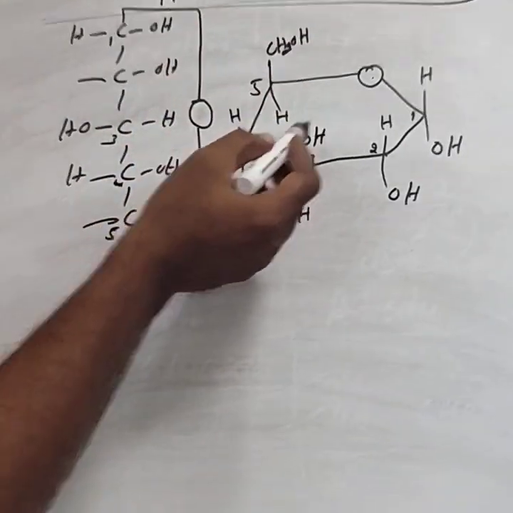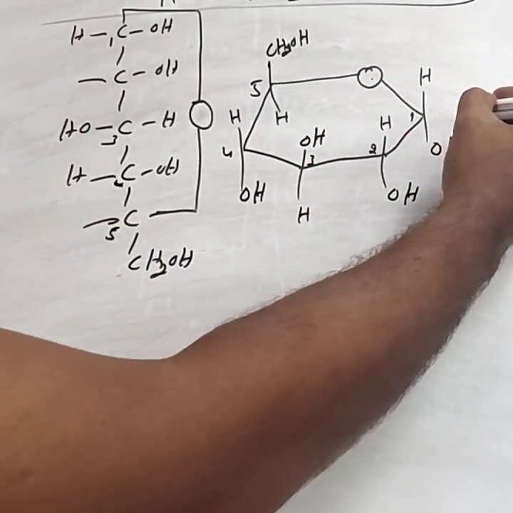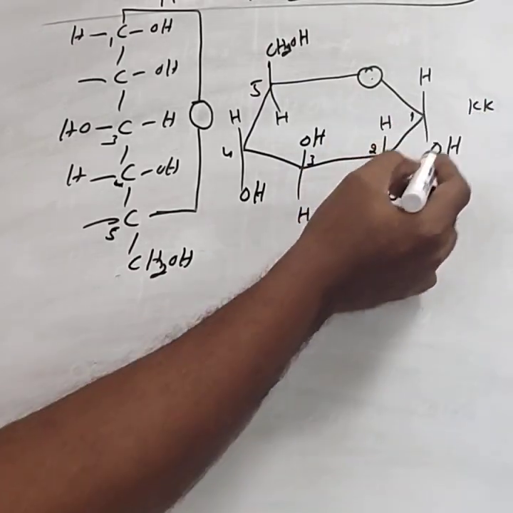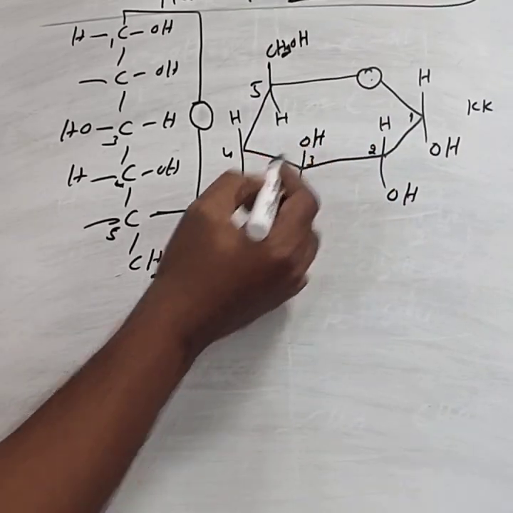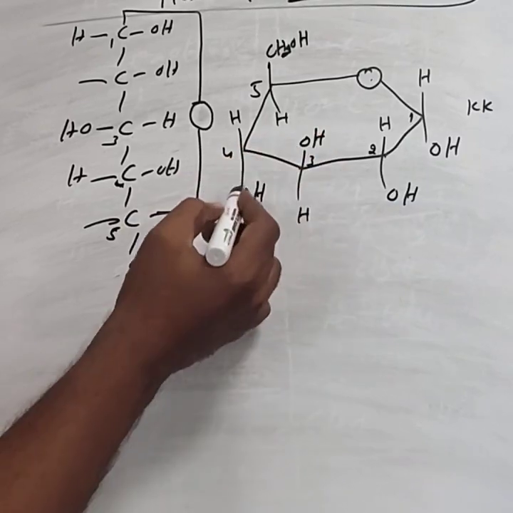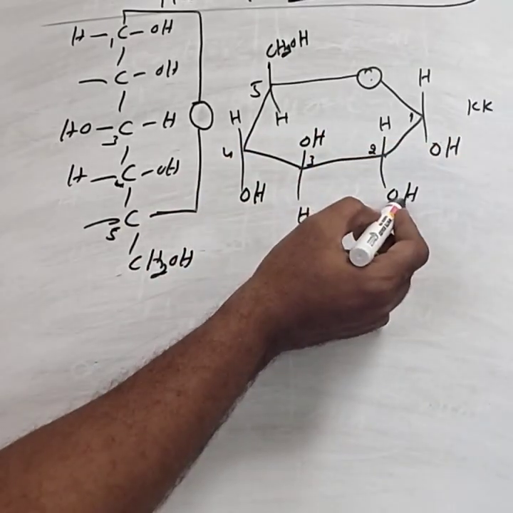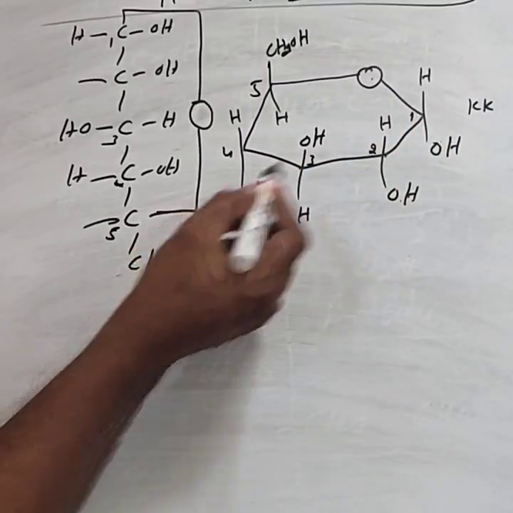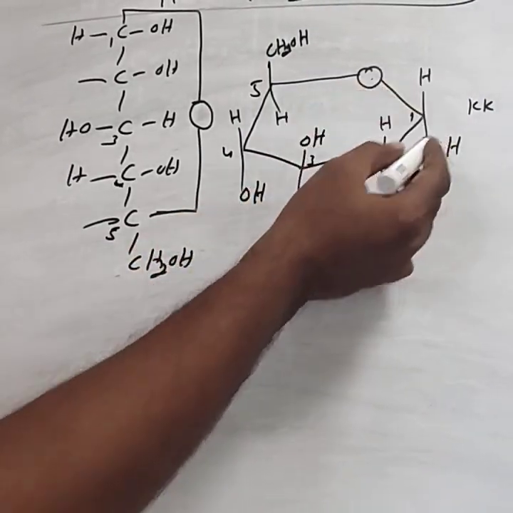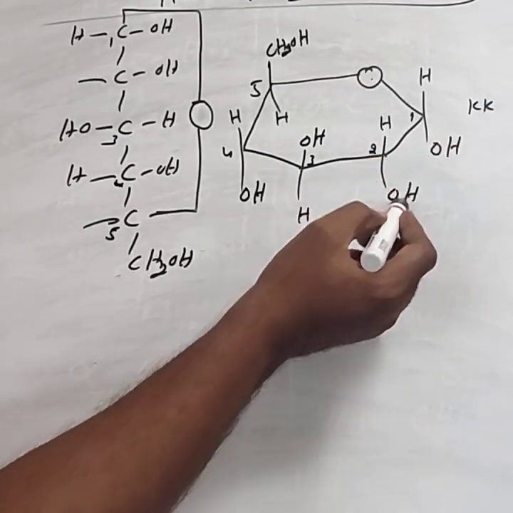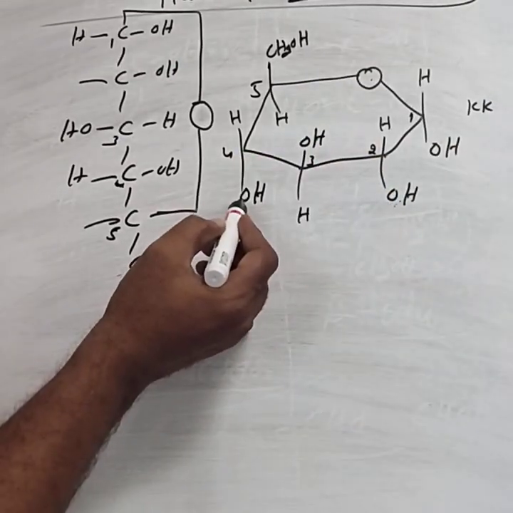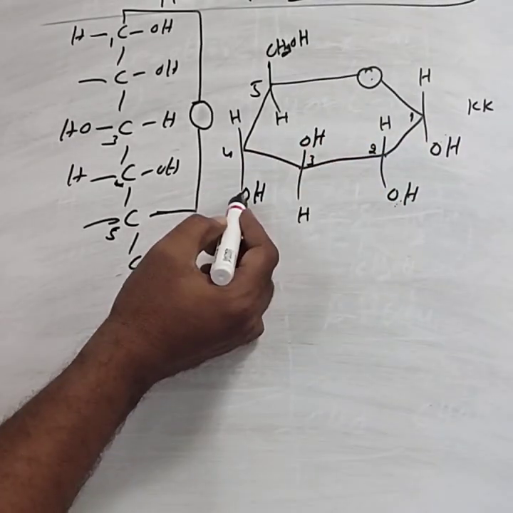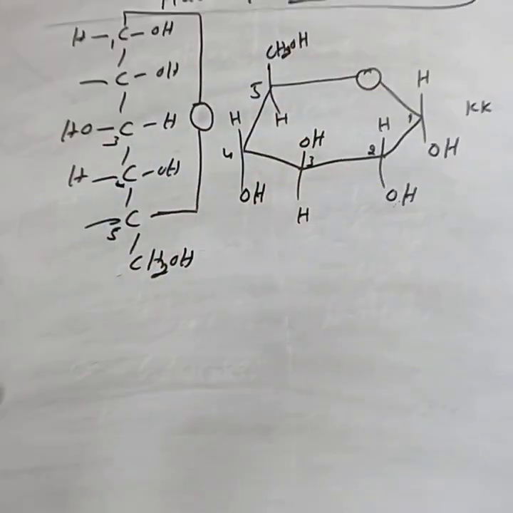In Kannada, we can consider it as KK, where K means kelage, below. You have to glance at these positions of the OH groups. That is the OH group's position: below, above, below. Then on the fifth carbon atom CH2OH.